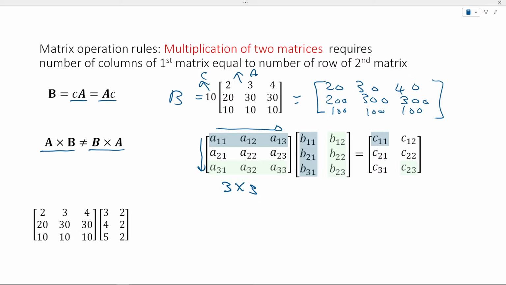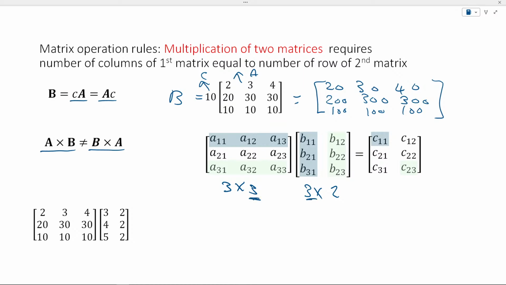What is the size of this matrix? I have 3 rows times 2 columns. Okay. So in order for the matrices to be multiplied, it requires that the number of columns of matrix 1, which is 3, is equal to the number of rows of matrix 2, which is 3 here.